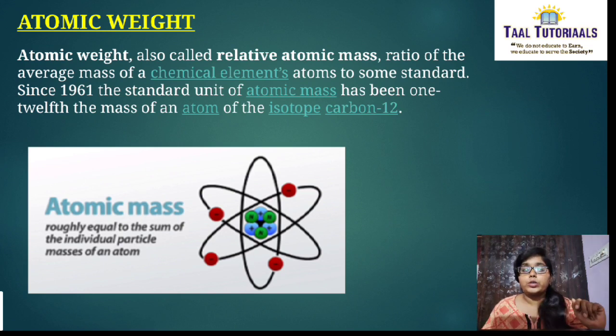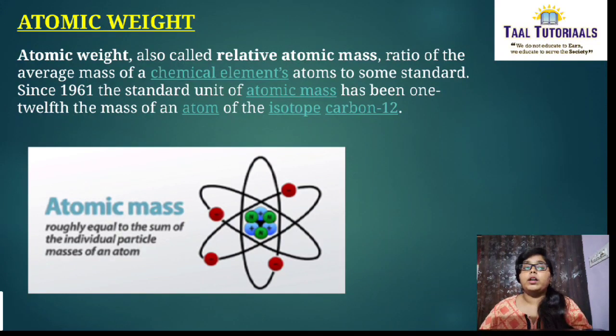You are taking an average mass of the chemical element's atoms relative to some standard. That is atomic weight. Since 1961, the standard unit of atomic mass has been 1/12 the mass of an atom of the isotope carbon-12, that is C-12. Okay, carbon-12.